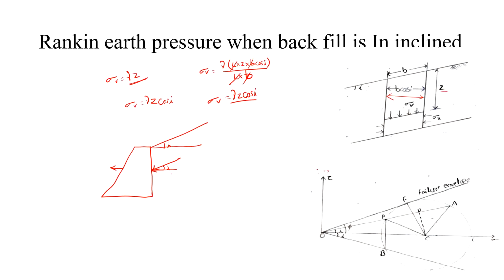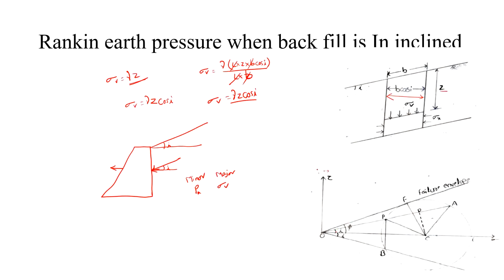So in this active condition, we have to consider horizontal stresses as the minor stresses. Horizontal stresses I am denoting with PA. So horizontal stresses we take as minor principal stresses, and vertical stresses we consider the major principal stresses in the Mohr circle concept.